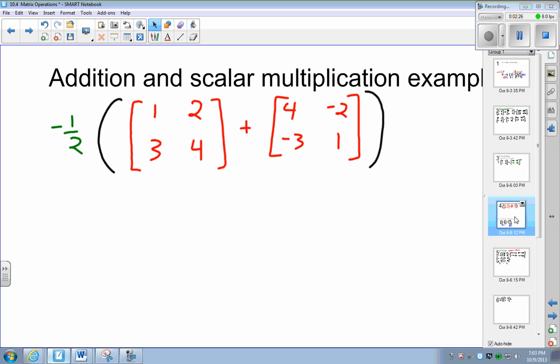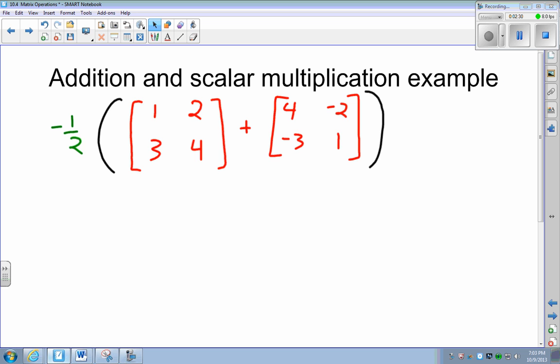Now let's do an example with scalar multiplication and addition. I chose this one because I wanted to show how scalar multiples can distribute to both matrices. Here we can rewrite this right away with negative 1/2. Just a reminder, this negative 1/2 is going to distribute to our first and second matrix.